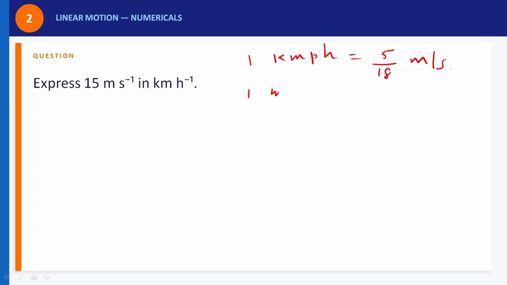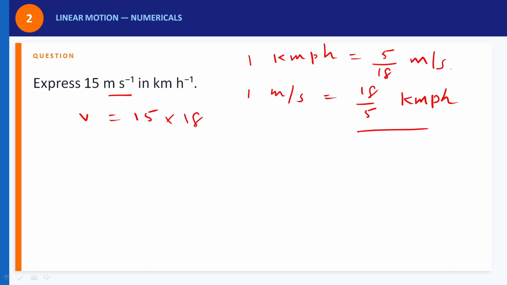So 1 meter by second equal to 18 by 5 kilometer per hour. Then speed V equal to 15 in place of meter per second, I will write 18 by 5 kilometer per hour into 18 by 5 kilometer per hour.